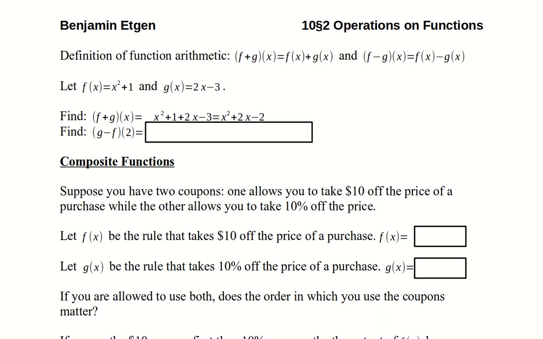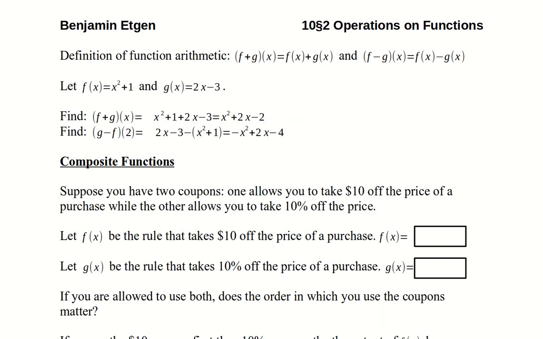Subtraction in the next example means that we might have to distribute. We're subtracting f(x) from g(x), and then we're plugging in a 2. So it looks like we've got 2x minus 3, there's our g, and we're subtracting, so we've got parentheses to say that we're subtracting the x squared minus 1.